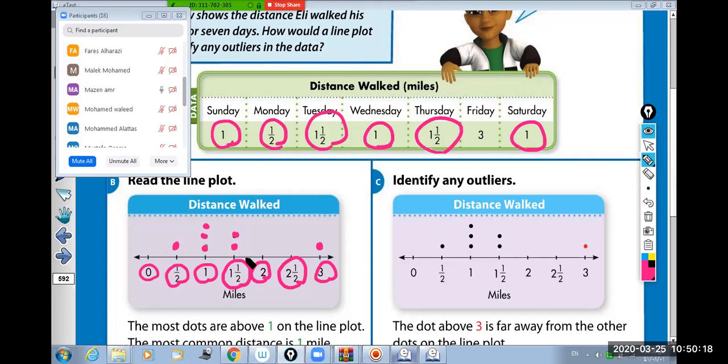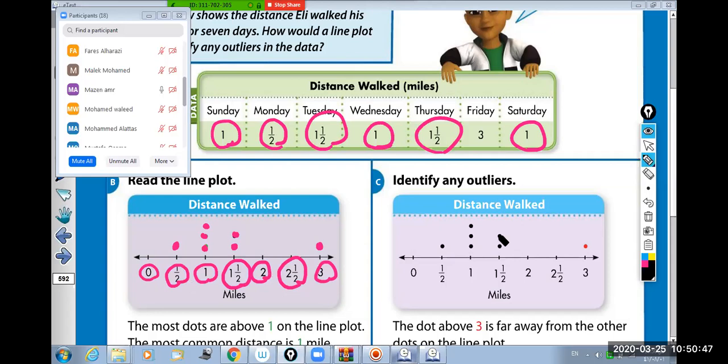Okay. Here, what do you think? What is the number that is the outlier? Which number here is the outlier?